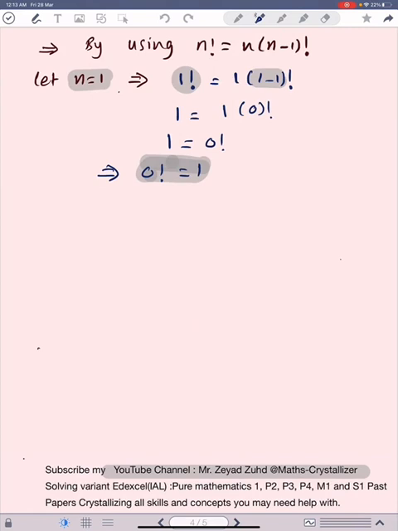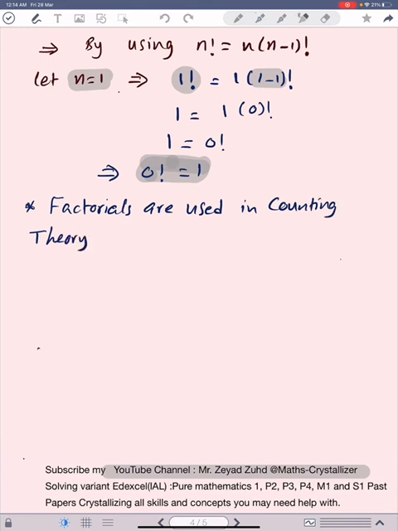Now for some uses, according to the curriculum of a school or university. Factorials are used in counting theory. This topic in school is very basic, but in advanced math it is one of the challenging topics.